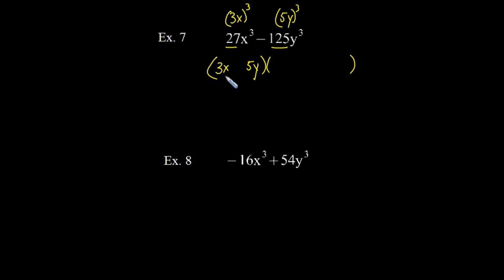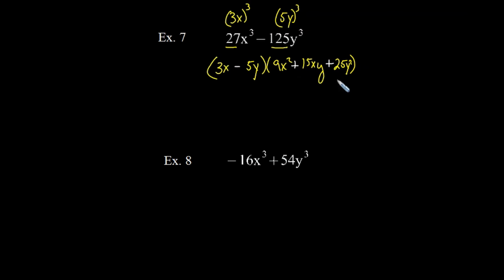Then we'll simply say to ourselves, 3x times 3x gives me 9x squared. 3x times 5y is 15xy. 5y times 5y is 25y squared. And then we will have same, opposite, always positive.